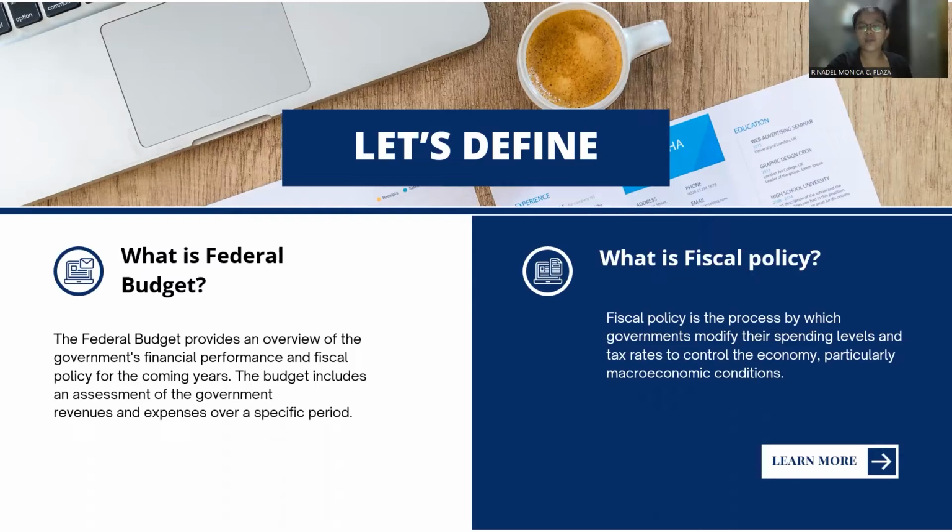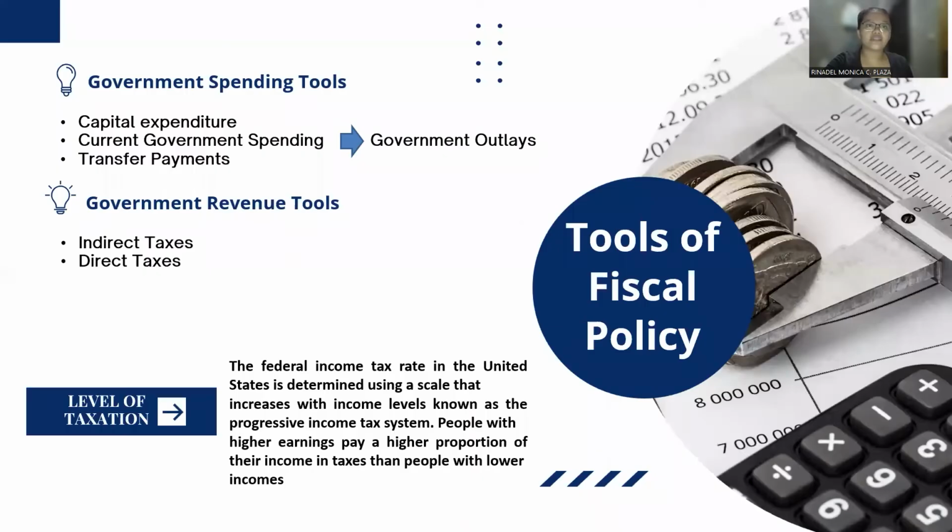Fiscal policy is the process by which government modifies its spending levels and tax rates to control the economy, particularly the macroeconomic conditions. There are two main tools that the government can use to influence the economy, classified as the spending tools and the revenue tools.